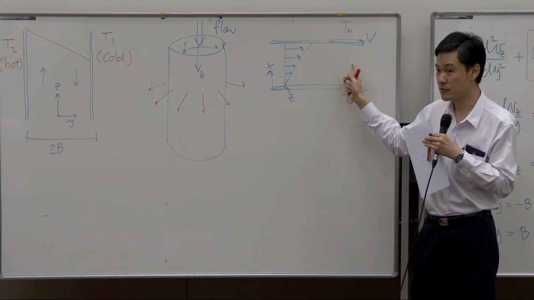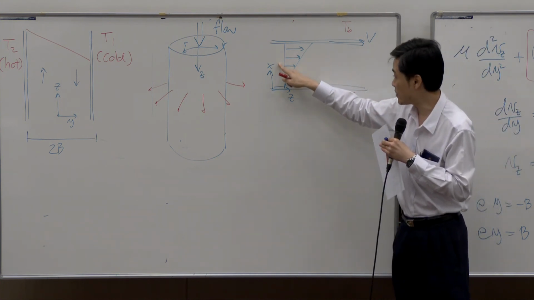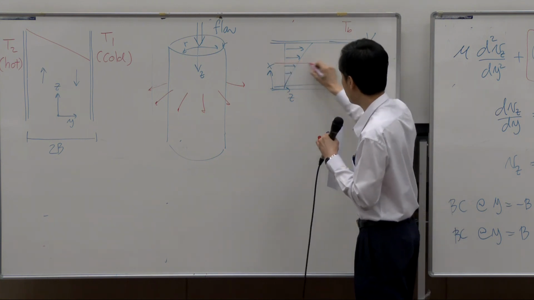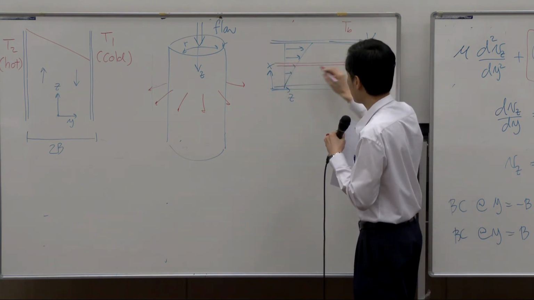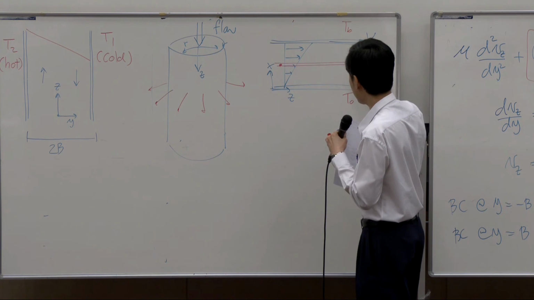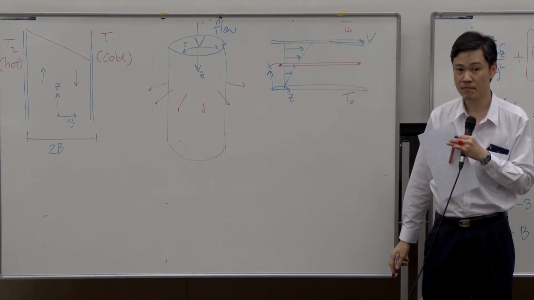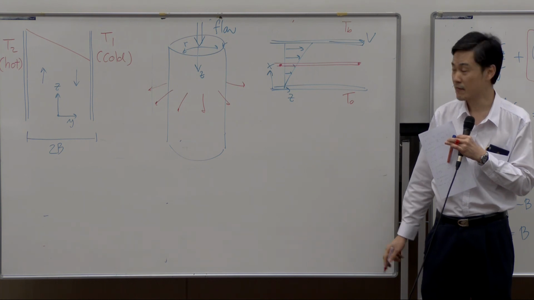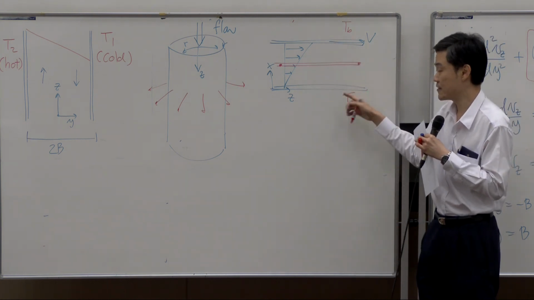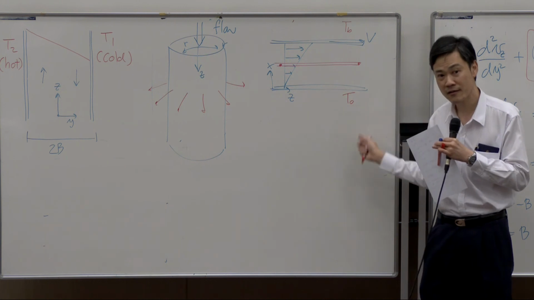In this problem, if I draw this shell, the temperature over here and the temperature over there is supposed to be the same. Remember, this is a small part of the whole bearing.